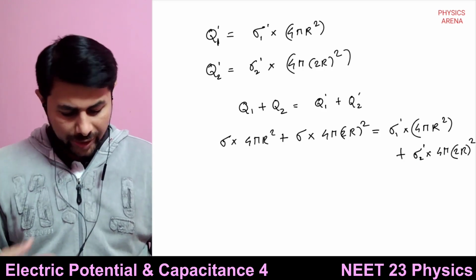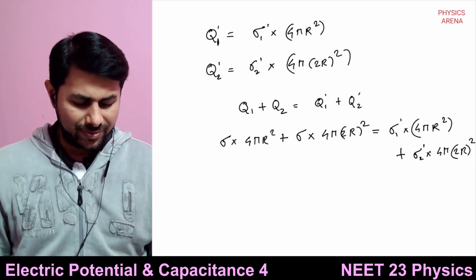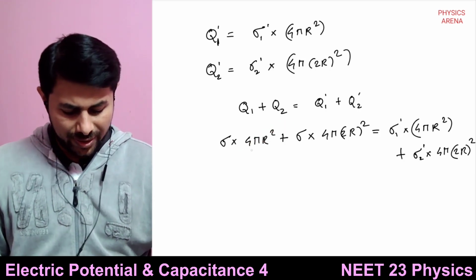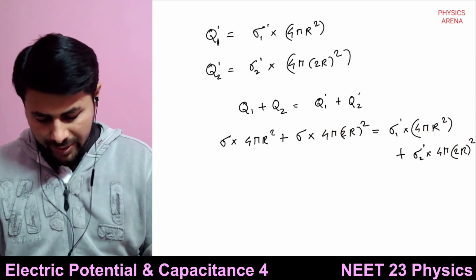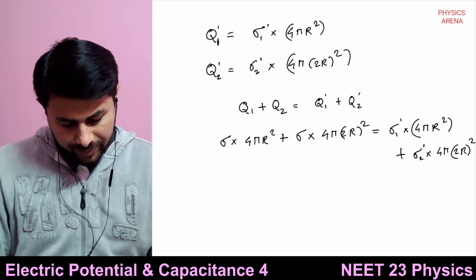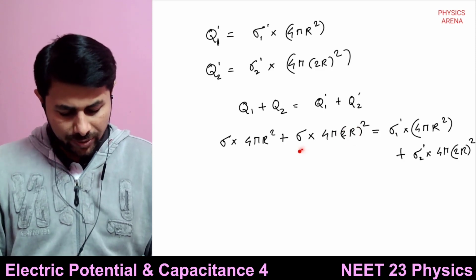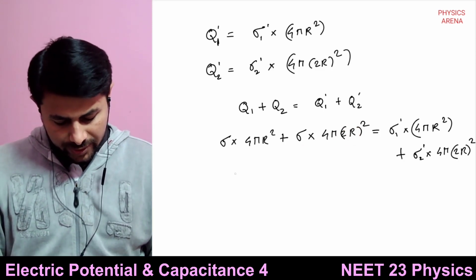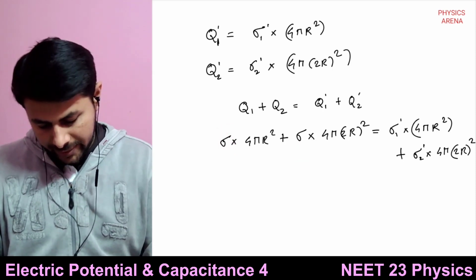So here we can do one more thing. We can cancel out 4 pi r square, okay, which we didn't do earlier. So we can cancel out 4 pi r square from everywhere. So what do we get? Here you have 2 times of r square, so we'll get factor of 4 from here. So it is sigma plus 4 sigma, right?